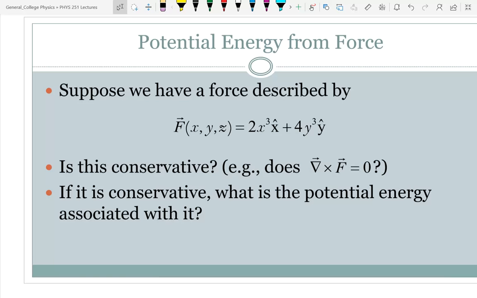So we have 2x cubed x hat plus 4y hat dot.